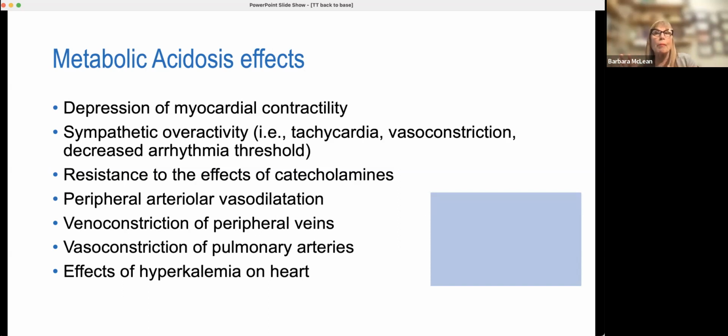So our expectation with sympathetic overactivity is that you will have vasoconstriction. Just as a reminder about vascular tone and the ability of your vessels to constrict, not only do you have to have sympathetic activity, you must also have vascular muscle receptivity, and that is profoundly affected in the state of metabolic acidosis. So you can go from an early sympathetic overdrive with vasoconstriction to a vasodilated response because of the presence of metabolic acidosis.